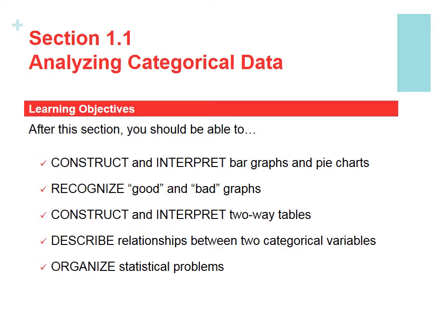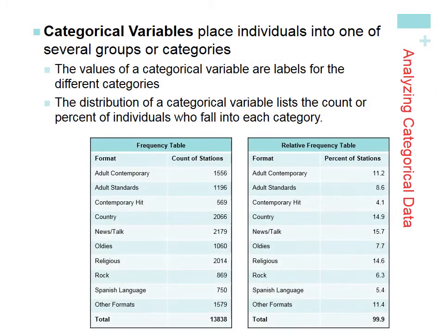You're going to construct and interpret two-way tables, and we'll go over what that means. Be able to describe the relationship between two categorical variables, and begin looking at how to specifically organize statistical problems.